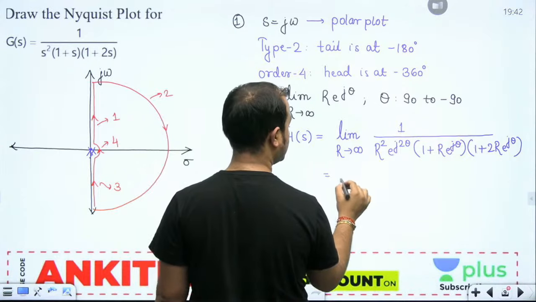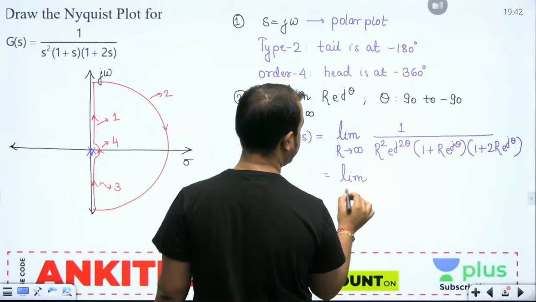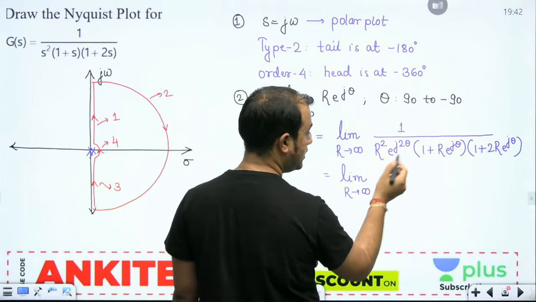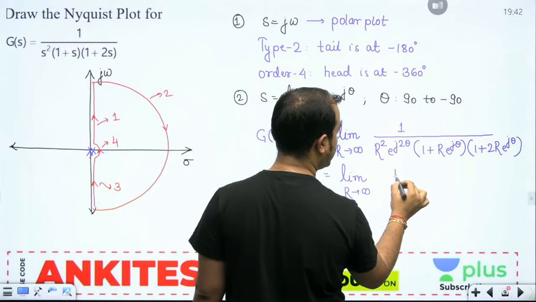Now, when r is much higher than 1, then you can ignore 1 in front of it.